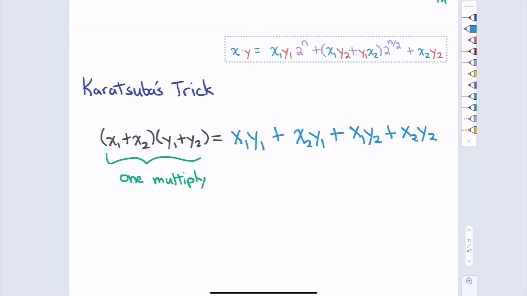For some reason I've taken x1 plus x2 and multiplied it with y1 plus y2. That's sort of a weird thing to do, because you're taking the 2 bit strings, adding them on top of each other, and then multiplying. Still, let's look at this product.